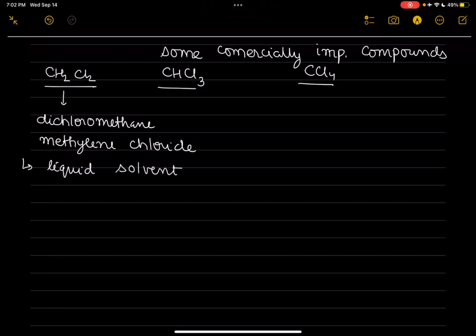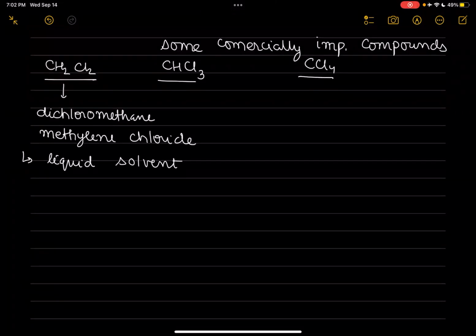What do you mean by solvent? In chemical reactions, it dissolves other substances. Suppose one reagent is solid and another is liquid, you need to take something for dissolution.